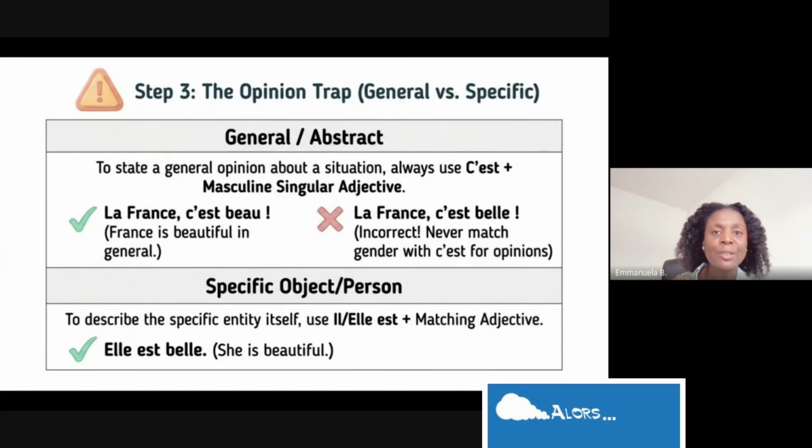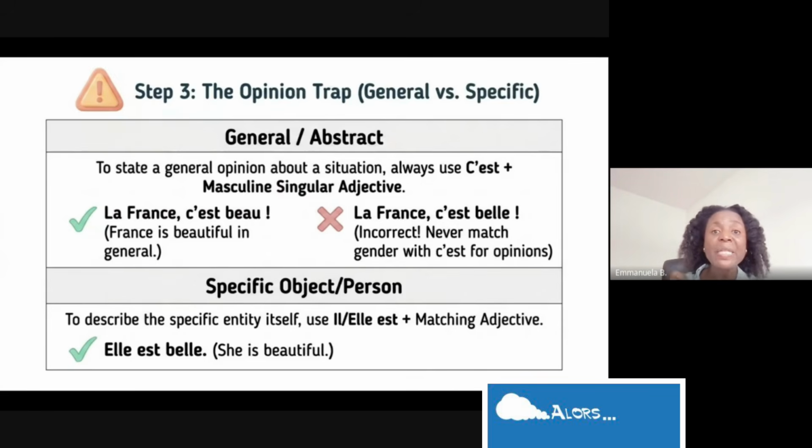Now, pay attention here, it's very important. We said that when you describe something or someone, you use il est beau, elle est belle. Elle est grande. Il est grand. Okay?